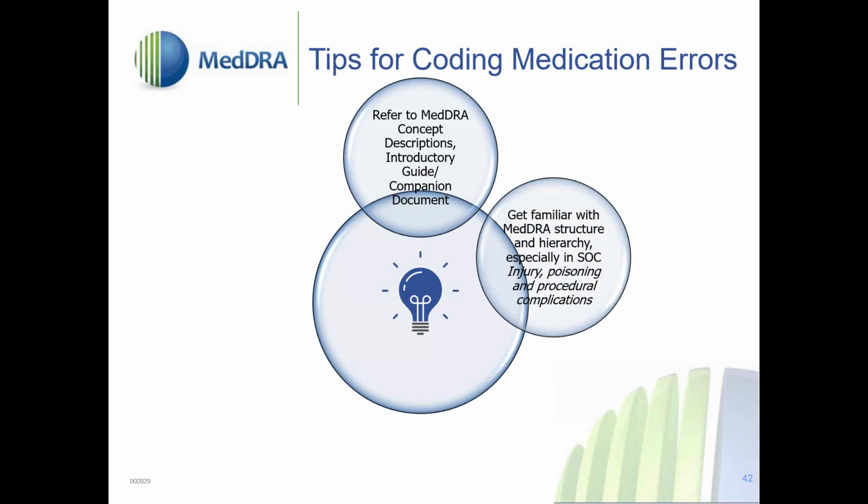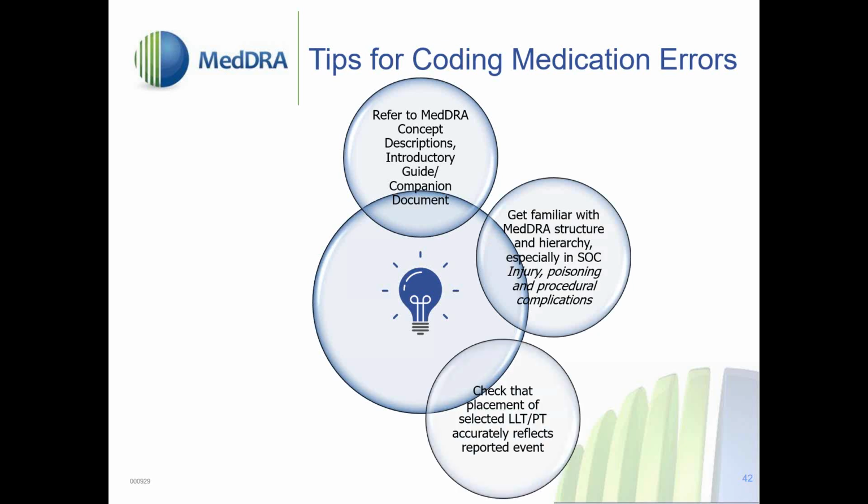You should also have a good knowledge of the MedDRA structure and hierarchy, particularly in SOC injury, poisoning, and procedural complications. Once you have found a potentially appropriate LLT and PT for the reported incident, check if the placement of the selected LLT or PT accurately reflects the reported event.